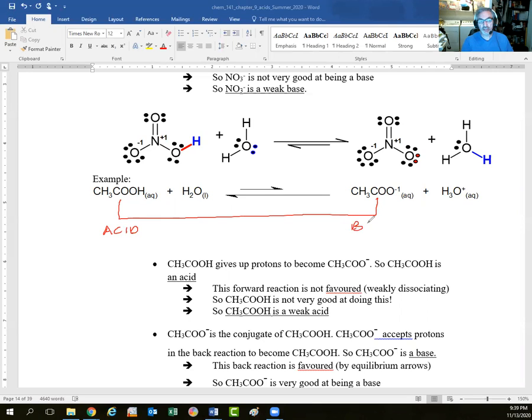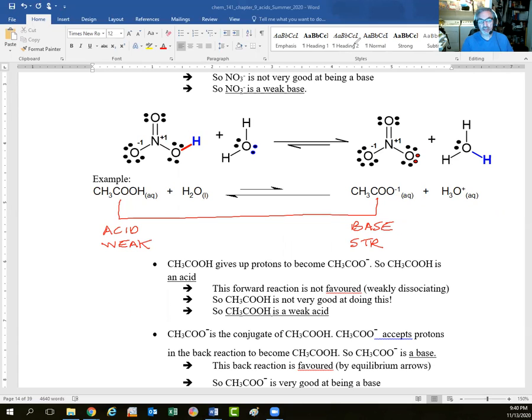It's acting as a base. So we get an acid-base conjugate pair. We can see from the direction of the equilibrium arrows that it's the back reaction which is favoured. So the conjugate base is strong. Meanwhile, the acid, swimming against the current, so to speak, is a relatively weak acid.